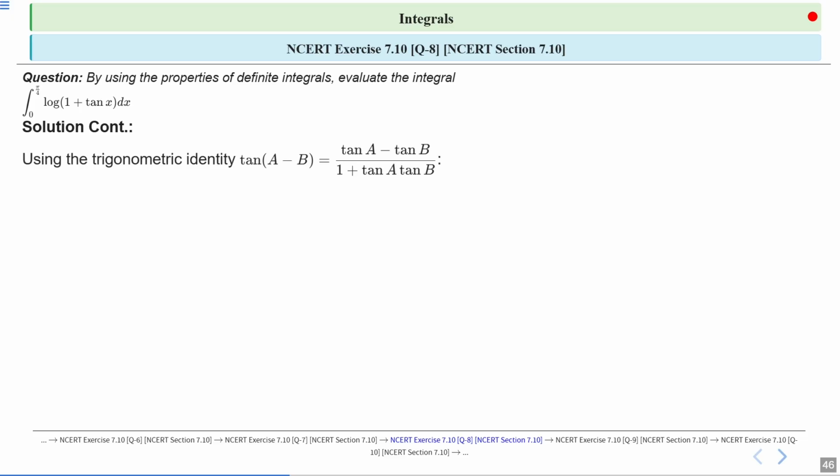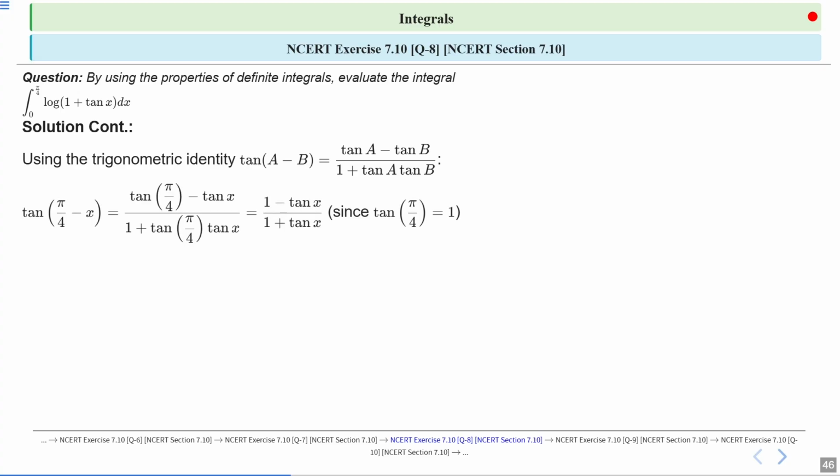Using the trigonometric identity, tan(a − b) is (tan a − tan b) / (1 + tan a tan b). Here a is π/4 and b is x. So it becomes (tan π/4 − tan x) / (1 + tan π/4 tan x). The value of tan π/4 is 1.